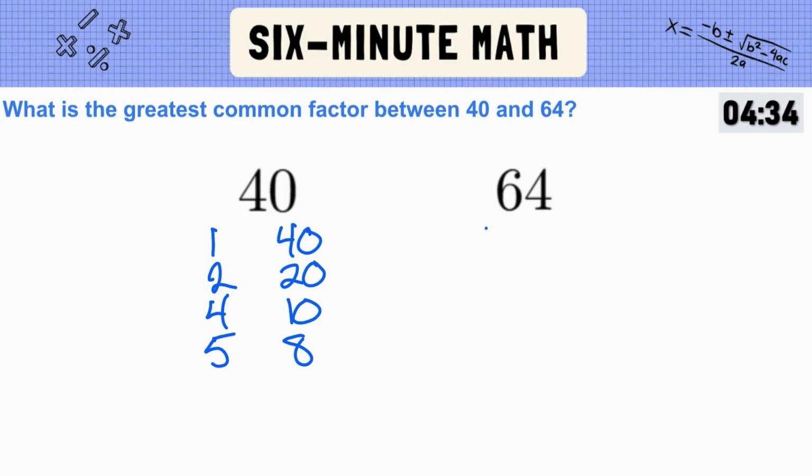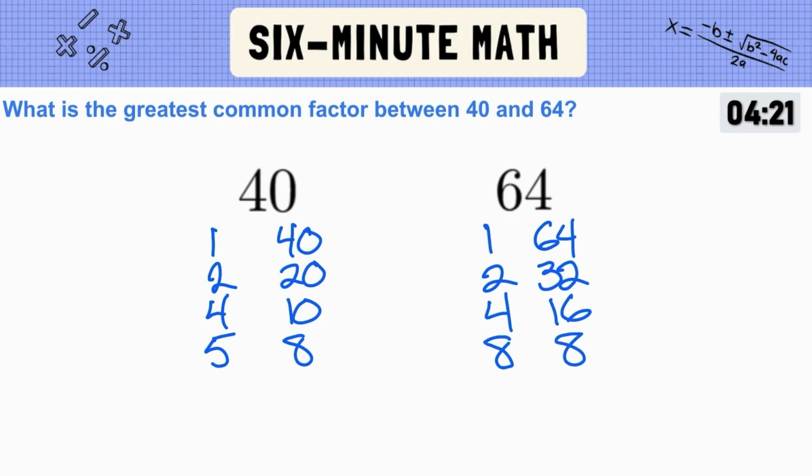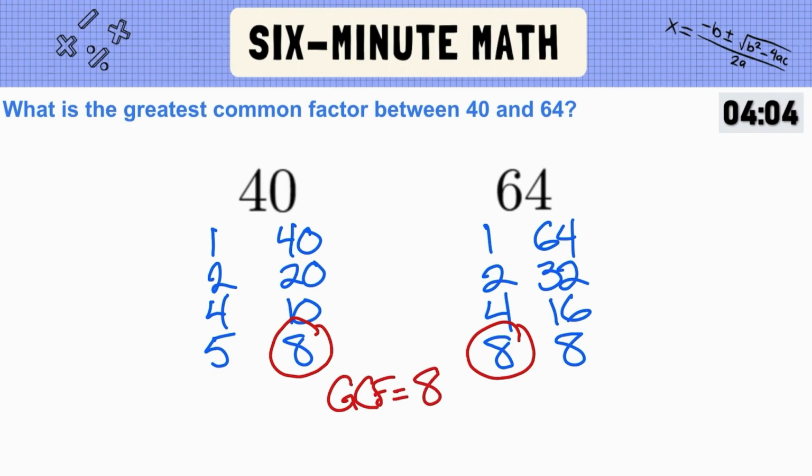And for 64, I have 1 and 64, 2 and 32, 4 and 16, and 8 and 8. I do a quick scan here of my factors and I find which ones have a common. I have an 8, I have two 8s with 64, but this would make my greatest common factor 8.